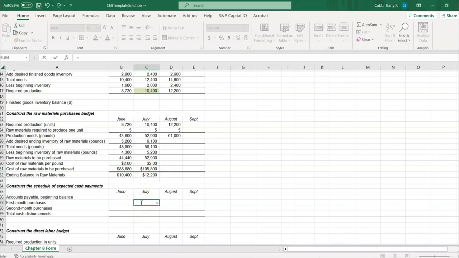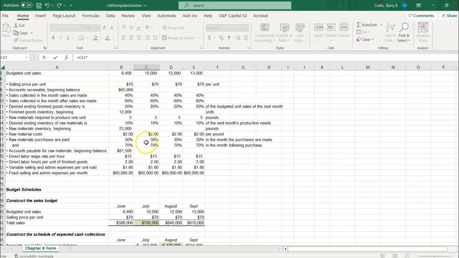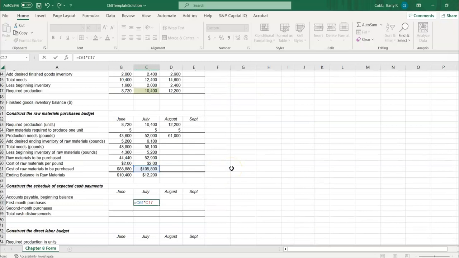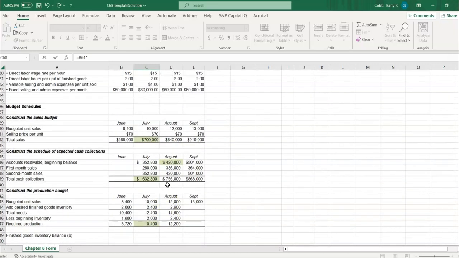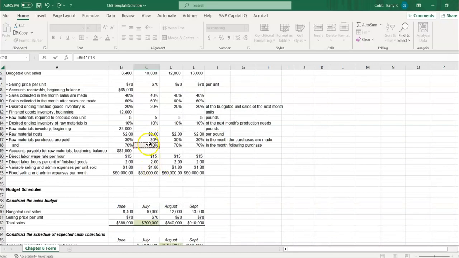So our first month purchases would be $105,800 times the 30%, because we pay 30% of the current month purchases. Second month purchases would be things that we pay for in July that we purchased in June. And we assume that we pay for 70% of June purchases in July. So we'll have the June purchases times 70%.